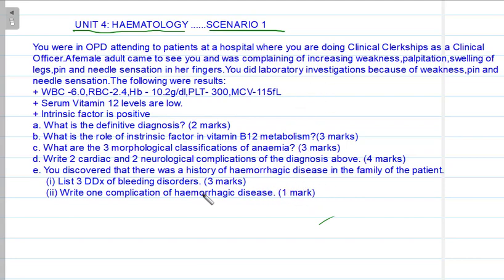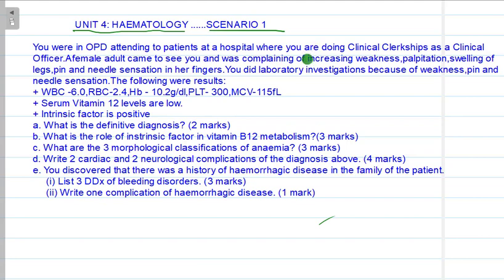Okay, so how do we start solving this question? Number 1, we have to identify the key areas, and these key areas are what we are looking at, the complaints.